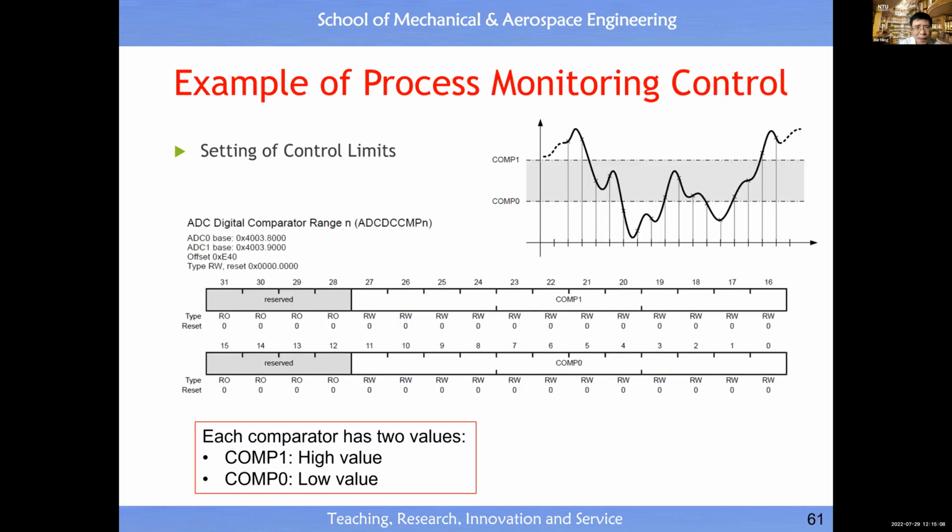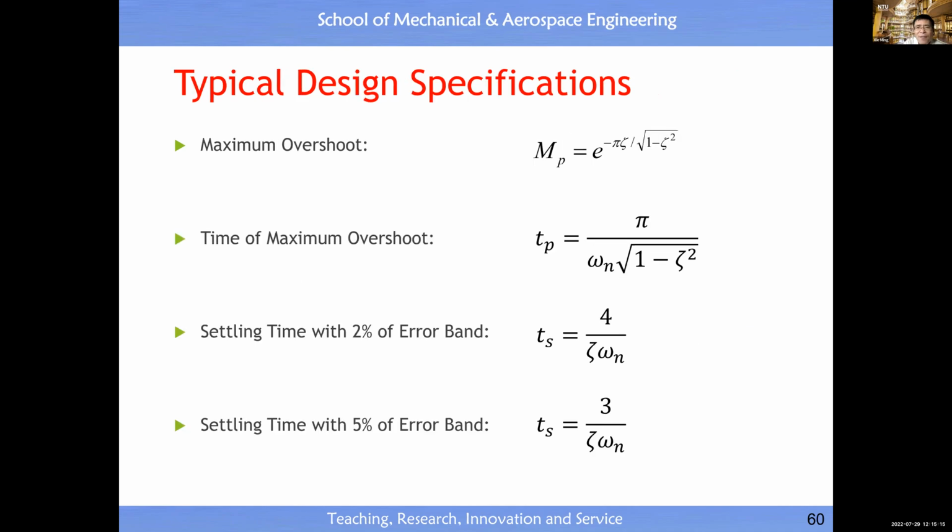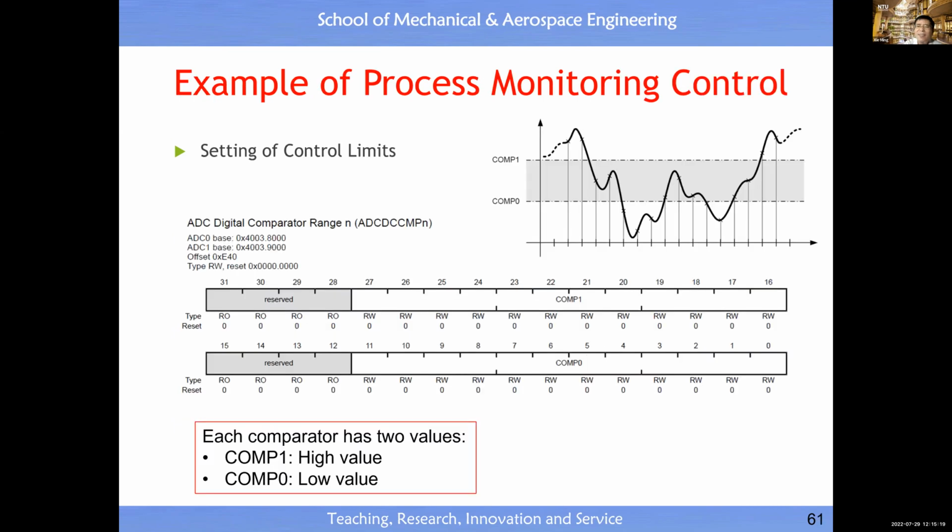Okay, and this is additional information for you to know. Let's say we want to control the steady state response to be within an upper limit and a lower limit, all right? For example, we set this upper limit, lower limit. This is just for you to know, okay, this is process control. Then motor control is servo control.